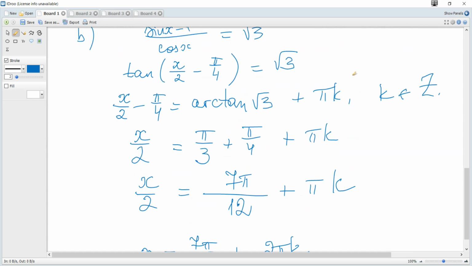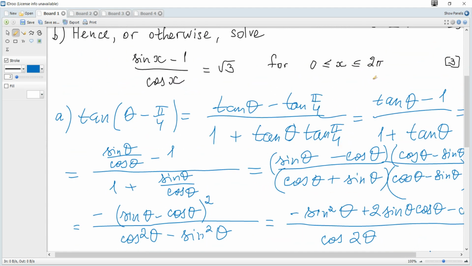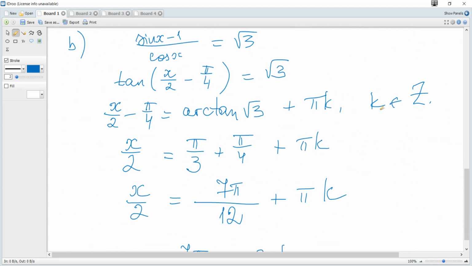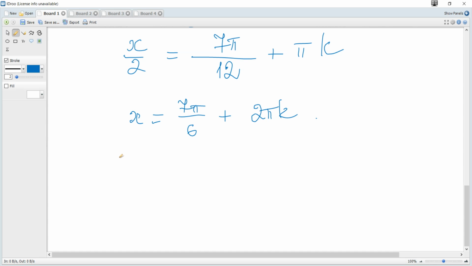And then we need x to be greater or equal than 0 and less or equal than 2 pi. And since k is any integer, 0, 1, 2 and so on, and also in negative direction, negative 1, negative 2, when k is 0, we can see that x is 7 pi over 6. It's from a given region, from 0 to 2 pi.